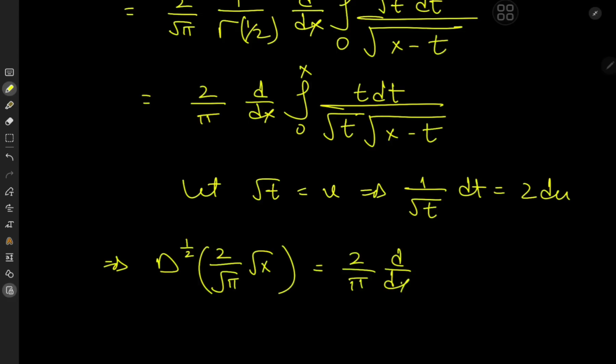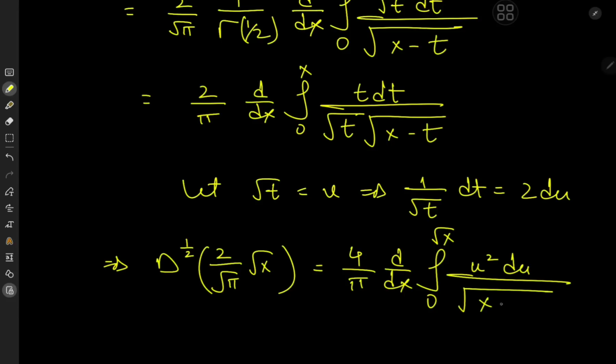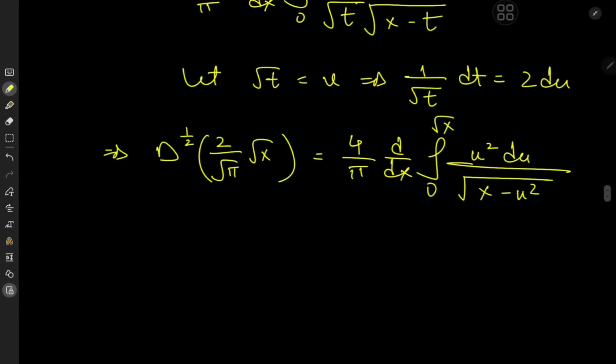times the derivative with respect to x of the integral from 0 to root x of, okay, so we have t sorting out to u squared. Then we have dt by root t becoming 2 times du. So that's a factor of 4 now outside, divided by root of x minus u squared.